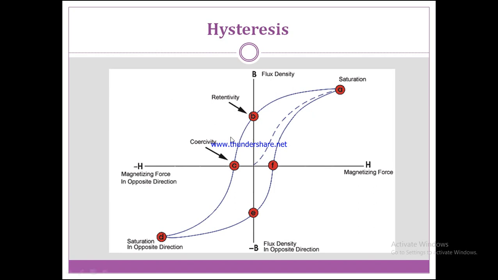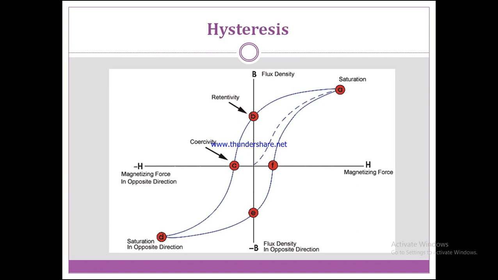Now from B to C, as we decrease the flux density to the lowest value, the distance is covered from B to C. The magnetizing force, which generally starts at the origin level, comes under new circumstances: the magnetic force becomes a negative value, meaning it has the opposite direction in this region, and this introduces the coercivity of that material.